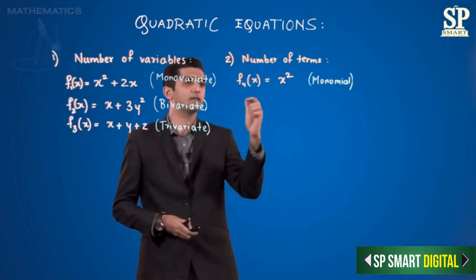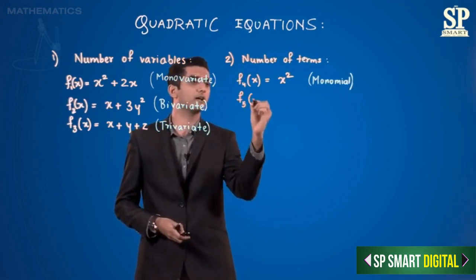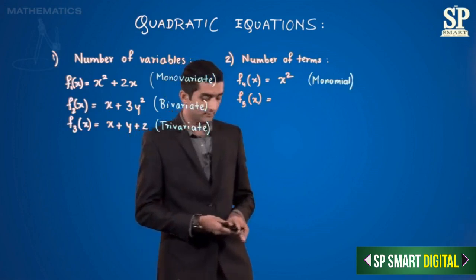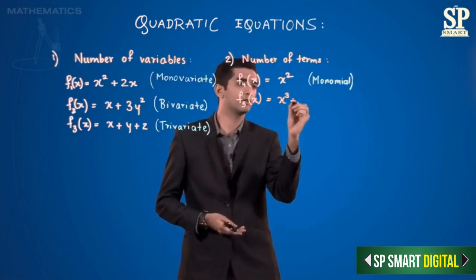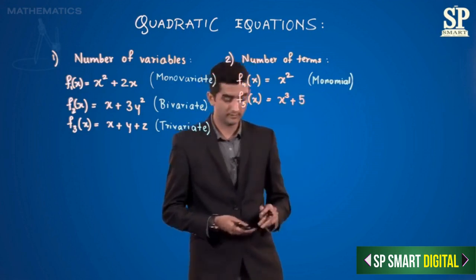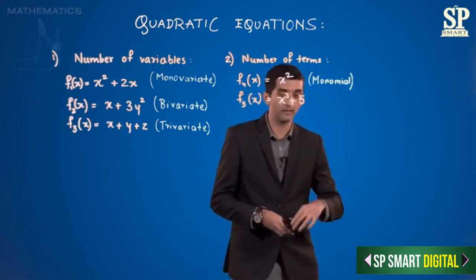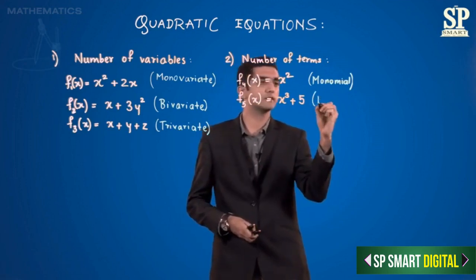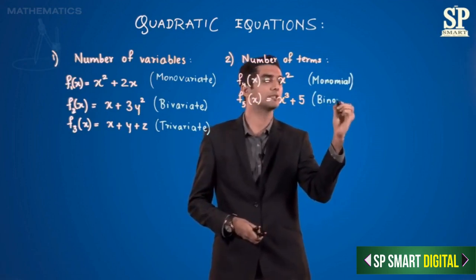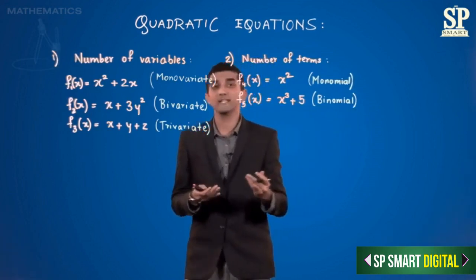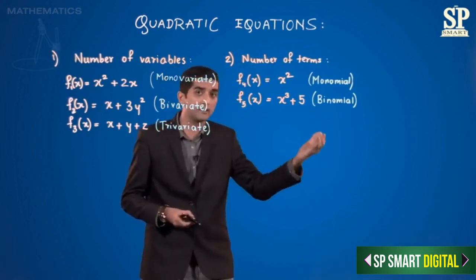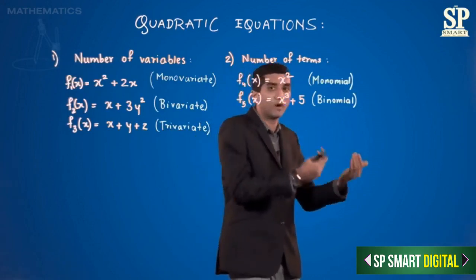After that, if I write another polynomial, let's say x cube plus 5, now this becomes a binomial. Now why is that? Because this polynomial has two terms. Now as the word polynomial itself suggests, polynomial means more than one term.